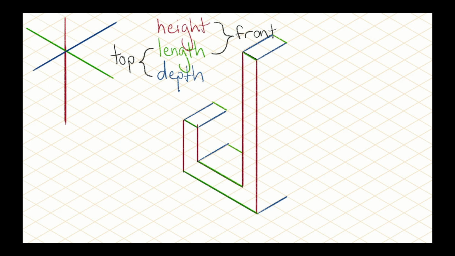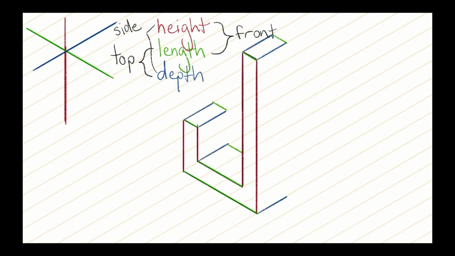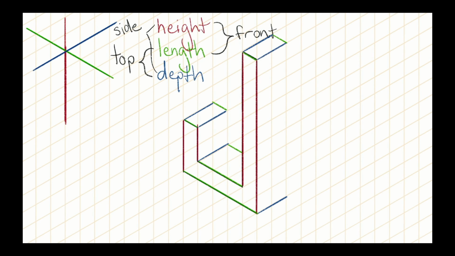And so if I take just those two, now I've got the side. And I'm going to turn off the length because the side view doesn't show length. I'm going to put the height back on, and now I can see the side view. And to finish off those faces, I really just need those two vertical lines.